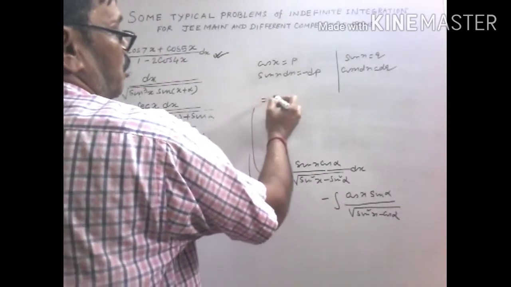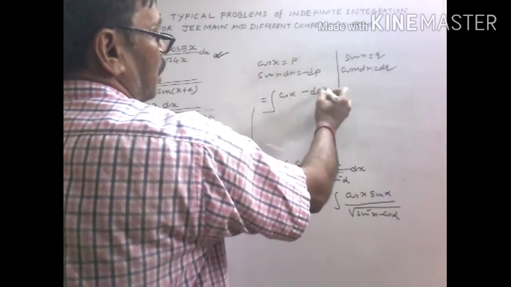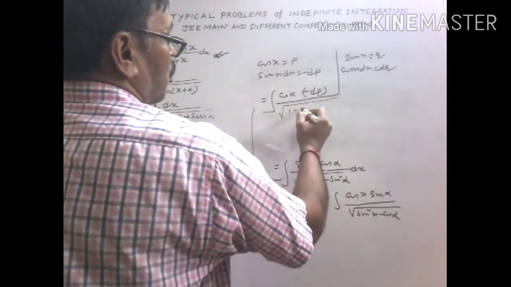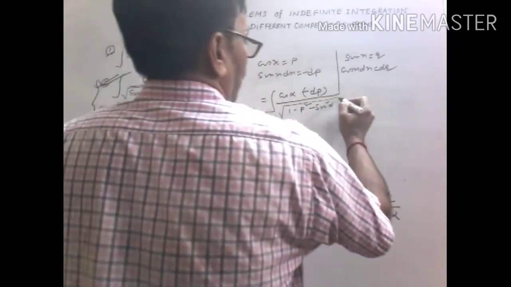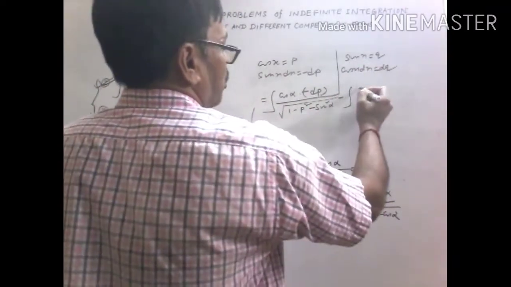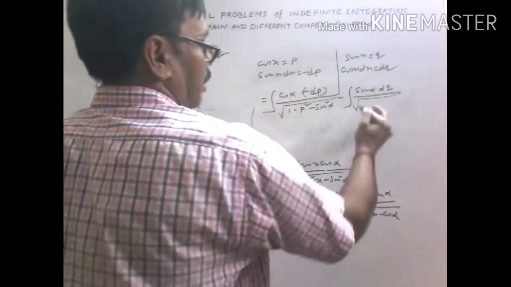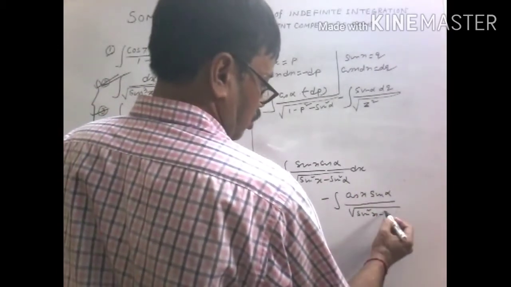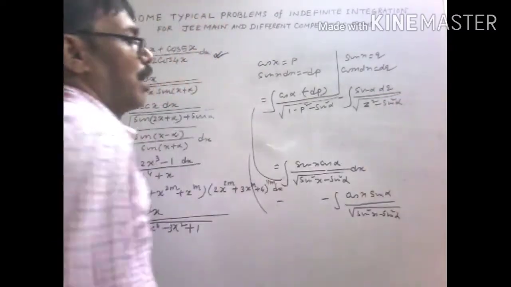Now this reduces to, cos alpha is constant, minus dp, and this is root over 1 minus p square minus sin square alpha. Then minus the second one, cos x dx is dq, so sin alpha dq, and directly you get q square minus sin square alpha.